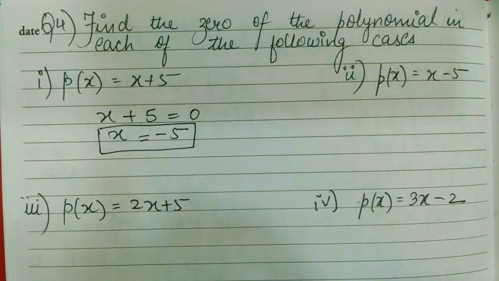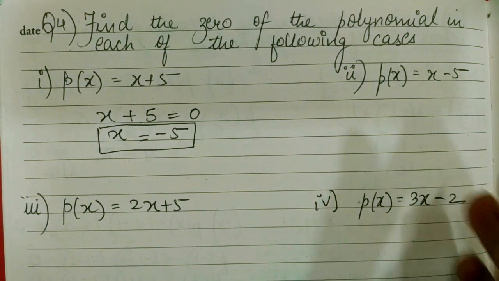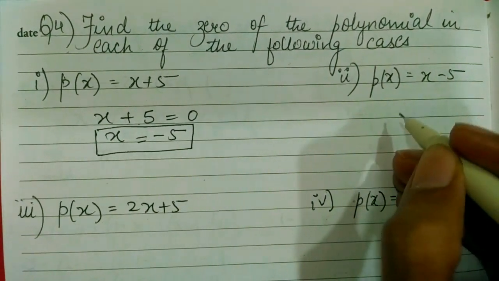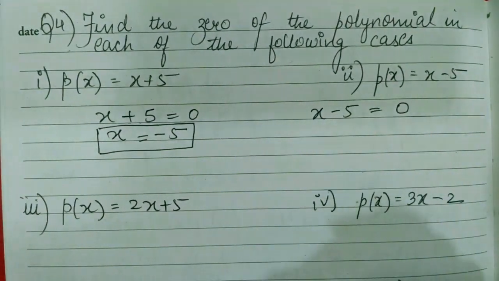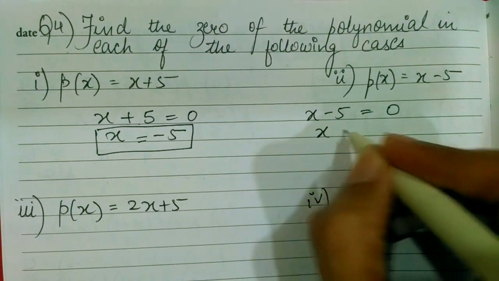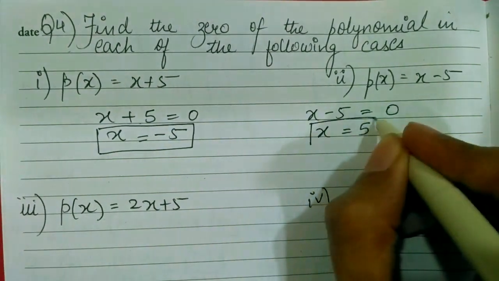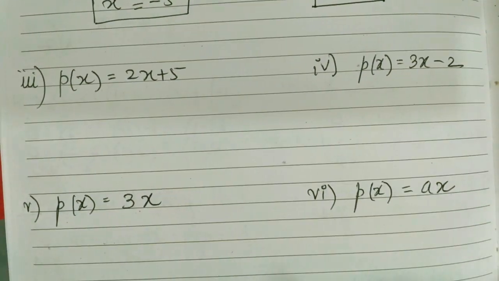So x equals minus 5 is the zero of the given polynomial. Similarly, we can solve the other. What we have to do is equate the polynomial to 0, and on changing the side the sign will change. It is going to become 0 at x equals 5.